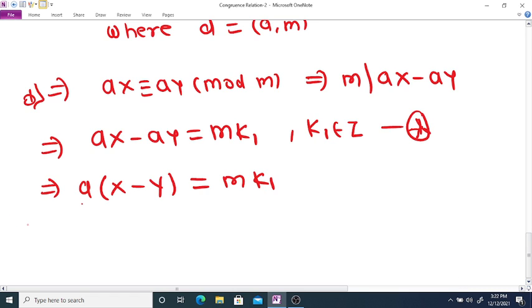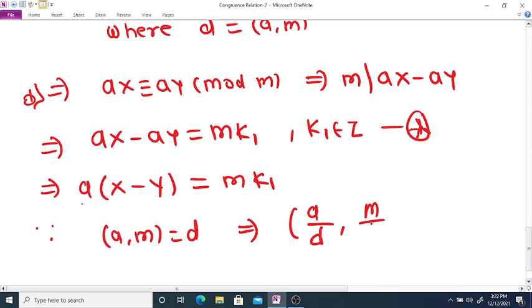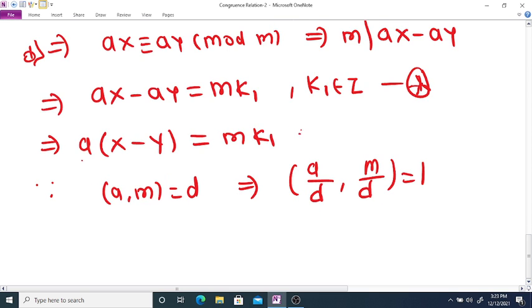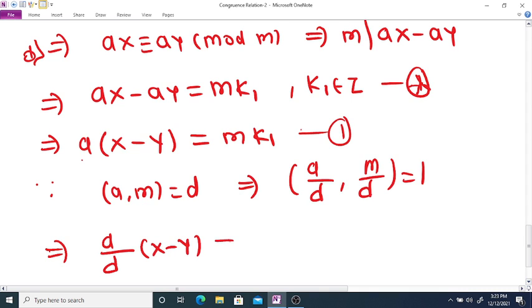Now since GCD of a, m is equal to D, in the last video we proved that the GCD of a by D and m by D is equal to 1. So if we divide equation 1 by D, we get a by D times x minus y equal to m by D times k1.